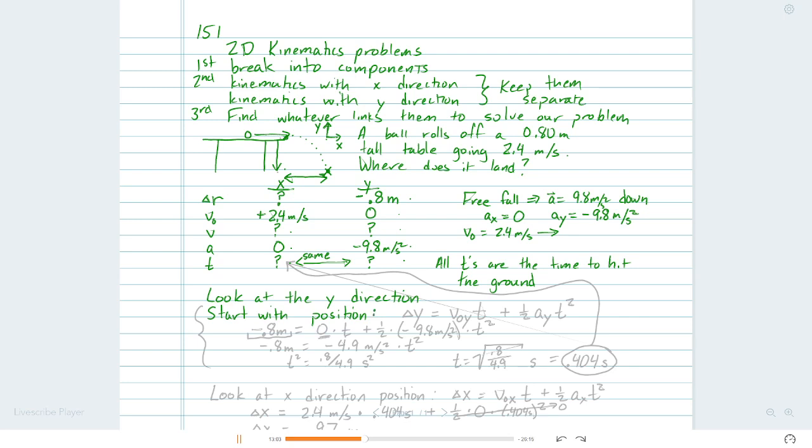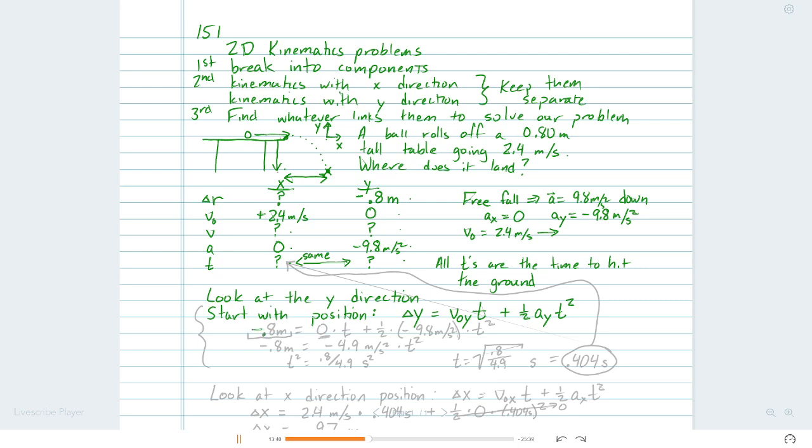In the y direction, we will usually write it, change in y position is beginning velocity in the y direction times t plus 1/2 acceleration in the y direction times t squared. Makes it look a little fancier. You don't have to write it out this way, but you do have to keep the x and y separate. So, I plug in what I know.